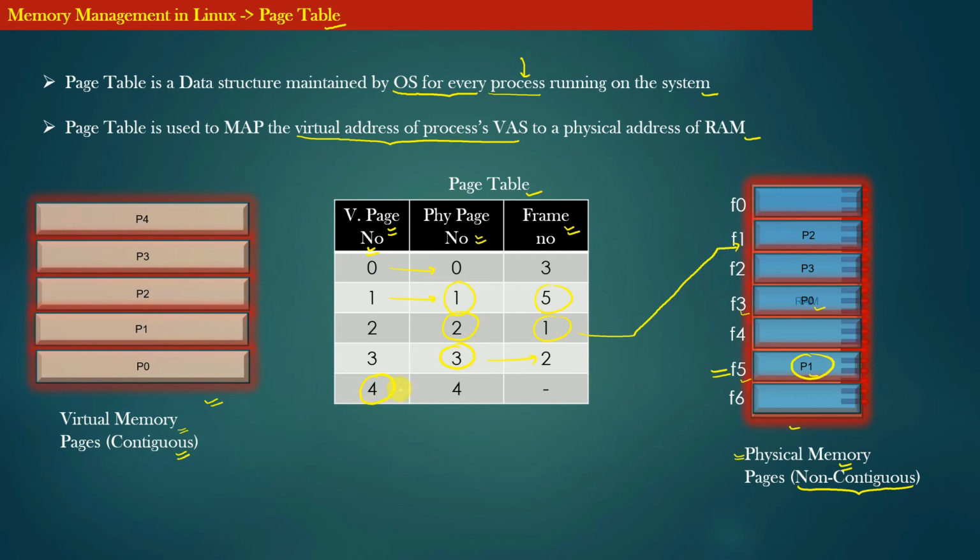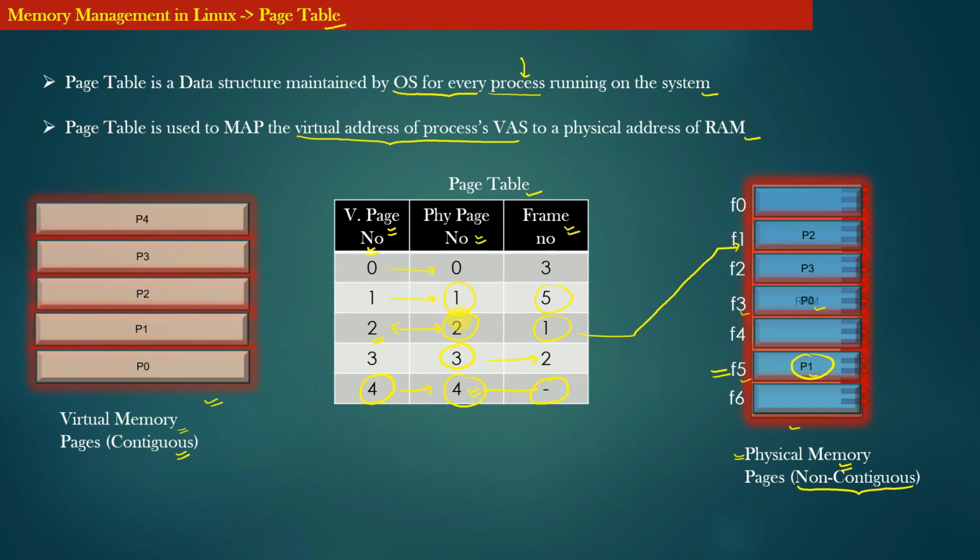Corresponding to virtual page number 4, the physical page number is 4, and physical page number 4 has not been assigned any frame number in physical memory. It simply means that physical page number 4 is present on disk instead of main memory. And remember, corresponding to every virtual page of a process, there exists a corresponding physical page.